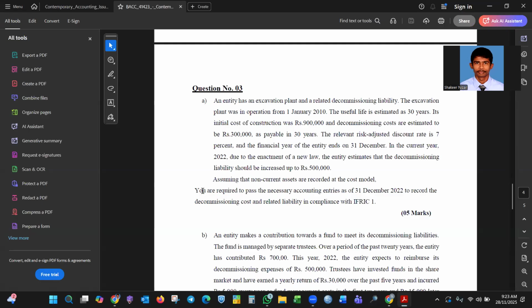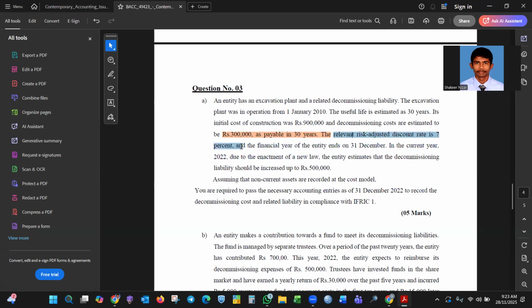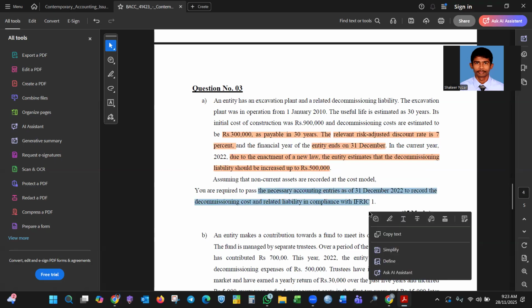Its initial cost of construction was 900,000, 9 lakhs, and the decommissioning cost is estimated at 3 lakhs, payable in the 30th year. The relevant risk-adjusted discount rate is 7%, and the financial year end is 31st December. In the current year 2022, due to the enactment of a new law, the entity estimates that the decommissioning liability should be increased to 5 lakh, 500,000. Assume the non-current assets are recorded at cost model. You are required to pass the necessary accounting entries.